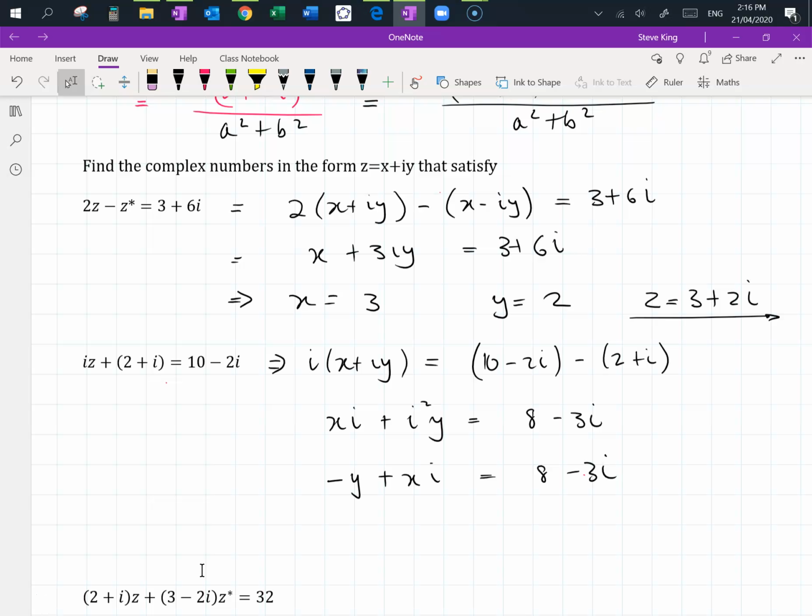So if we look at the real part is this part here. So quite clearly we can see from that minus y is equal to 8, and so therefore y is going to equal minus 8.